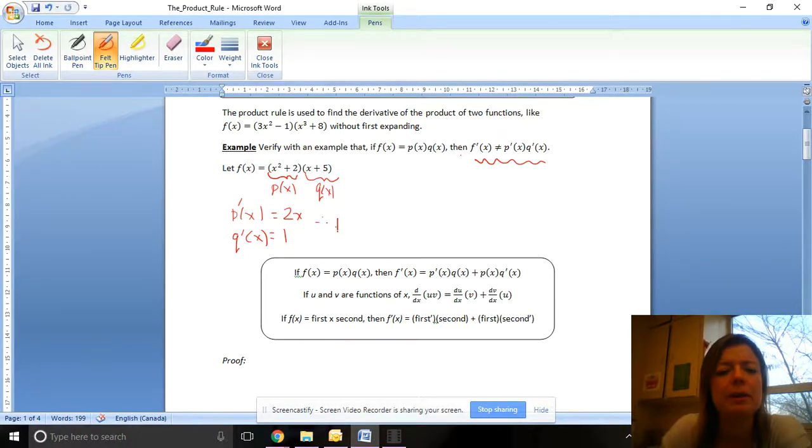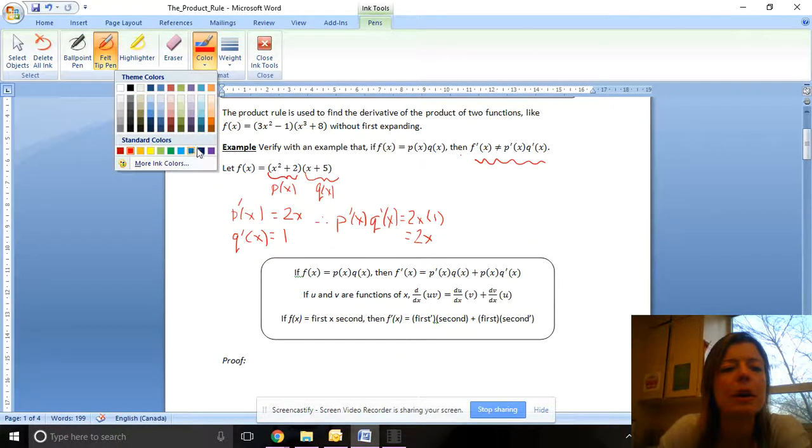So therefore, p prime of x times q prime of x is just 2x times 1, which is 2x. Okay, so I'm going to show you that this is not actually true.